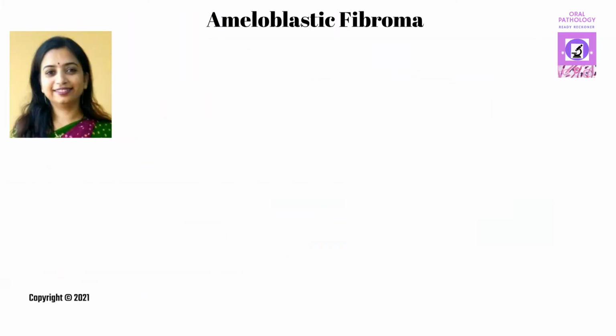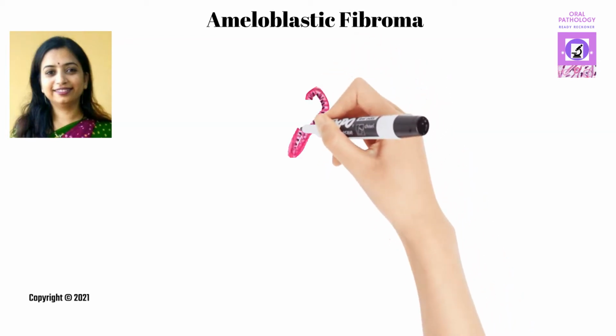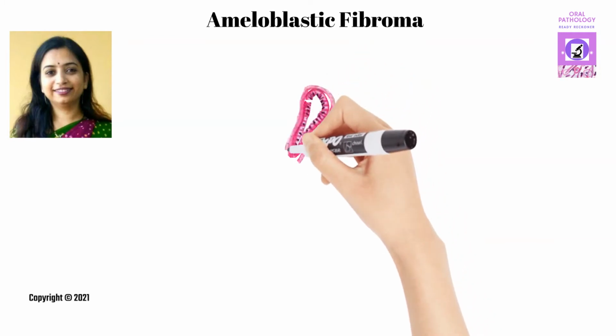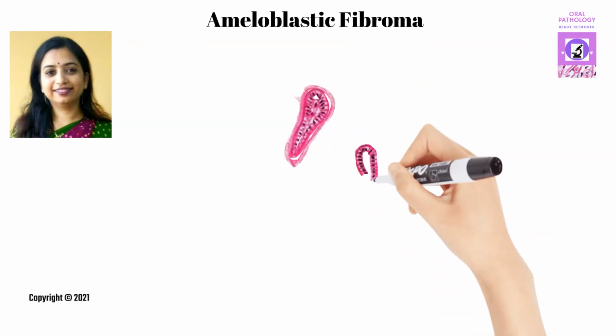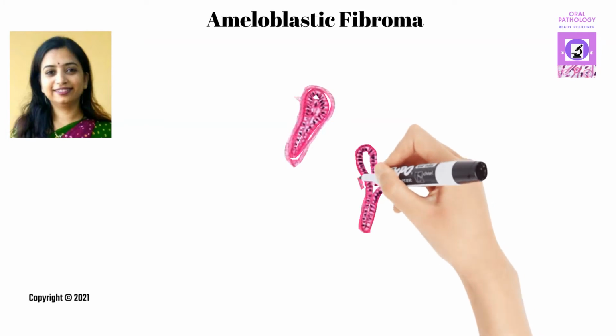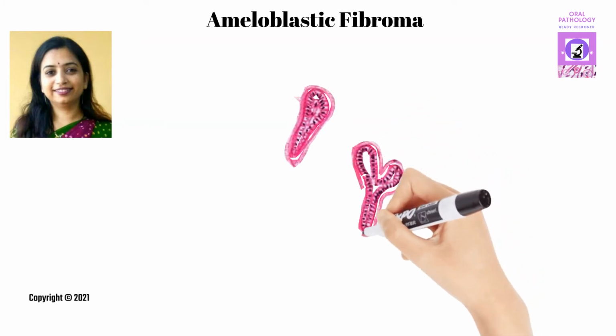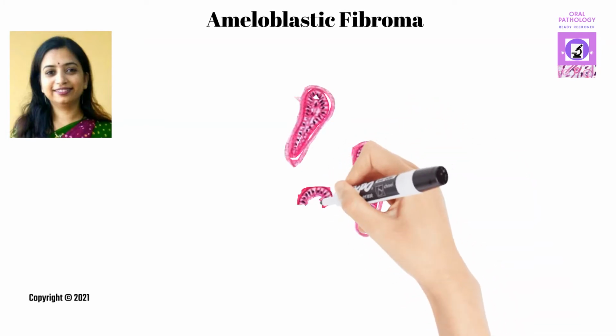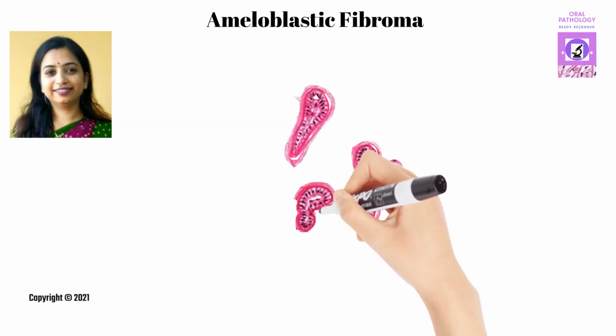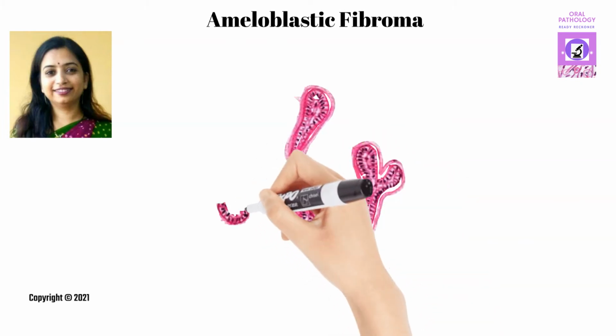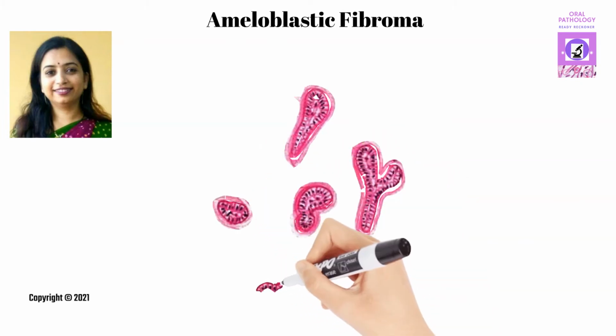Next tumor is ameloblastic fibroma, which is a true benign mixed odontogenic tumor. Microscopically, it shows small strands, cords, and islands of proliferating odontogenic epithelium. These strands resemble dental lamina, while the islands show ameloblast-like cells at the periphery and a few stellate reticulum-like cells within the center.